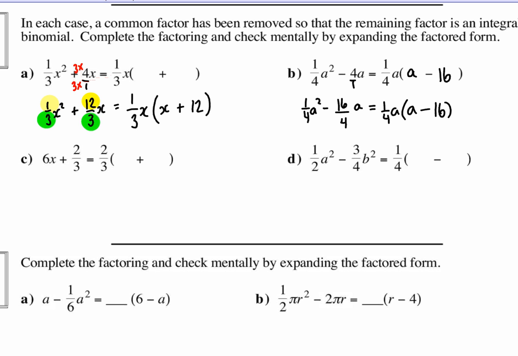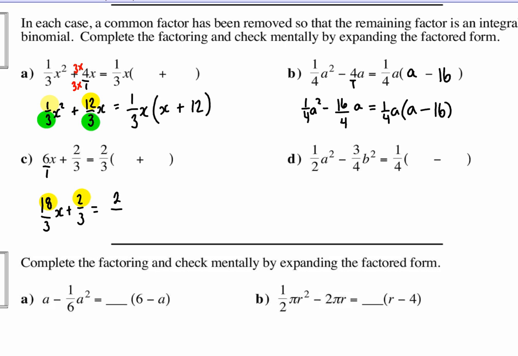So let's try the next one. Common denominator would be 3. Good. So in order to make this 6 over 1 instead over 3, it becomes 18 over 3. Agreed? X plus 2/3. So on the numerator, if I just look at the numerators, what can we factor out? 18 and 2. 2. Good. We factored a 2 out of the numerator.